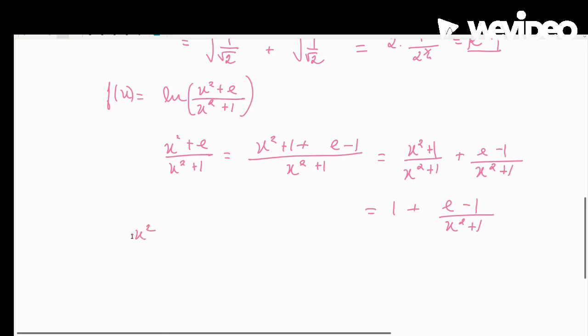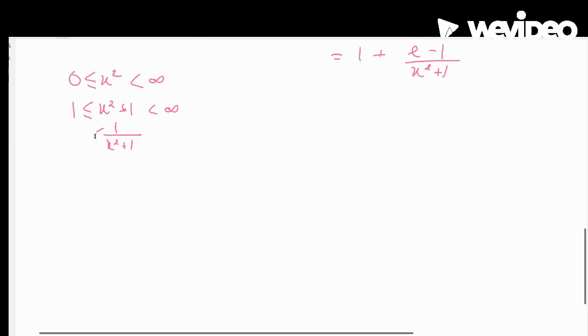So now we know that x square varies from 0 to infinity, and x square plus 1 will vary from 1 to infinity. So 1 by x square plus 1 will vary from 0 to 1. And so e minus 1 by x square plus 1 will vary from 0 to e minus 1.